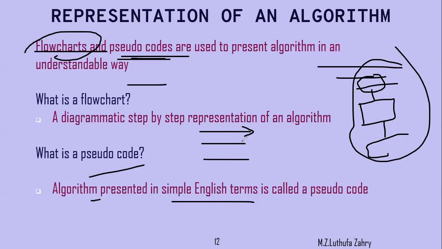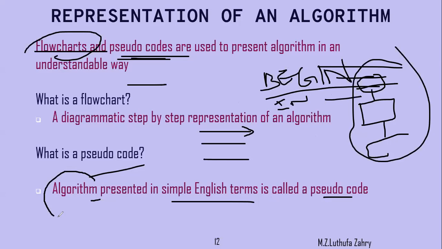So take the tea packets and put them into the cup are complete sentences. But pseudocode is going to be simple English, like begin. If you want to start something, put begin. That's simple English, right? And then for input, input tea packets or something. So in simple English, we present the algorithm; that is pseudocode.